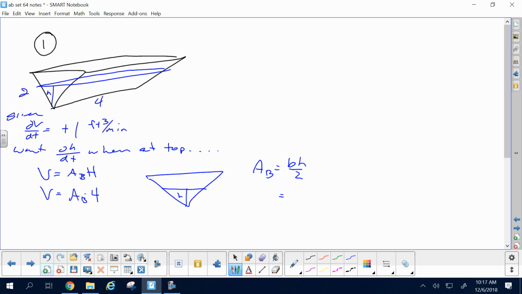Let's go here. This is a problem that's building off a problem we did the other day. So, wouldn't you agree that if I want to get this in terms of H only, then I need to figure out what's a B-H relationship, yeah? If this is equilateral, then the water triangle is also equilateral.